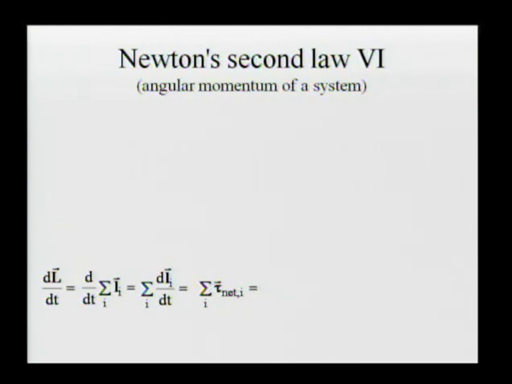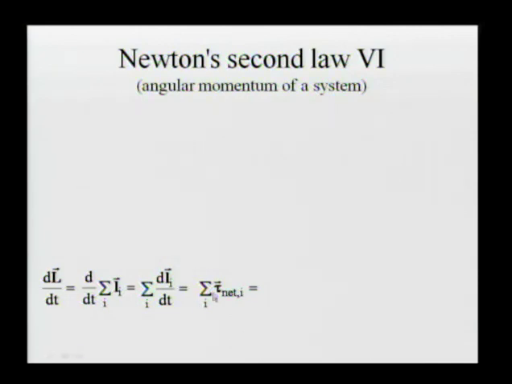Where did I get this from? From Newton's second law. Which version? The previous one. What was the previous one? The fifth, I think. Correct. From the previous version of Newton's second law.